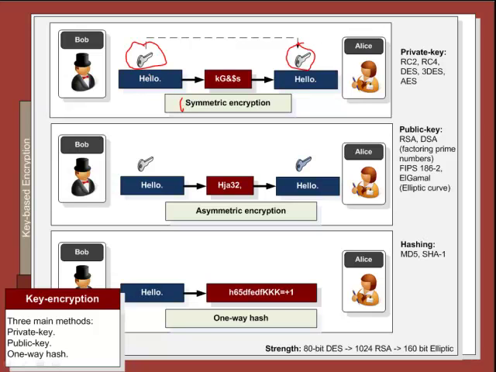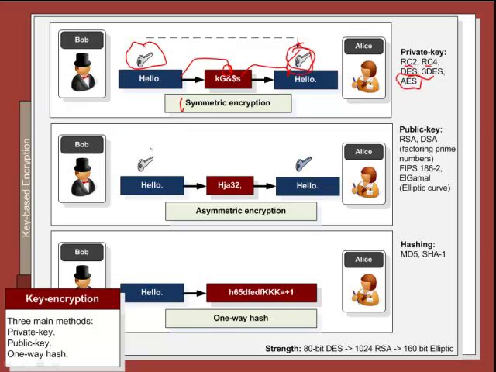So with symmetric encryption we encrypt from plain text onto our ciphertext, and then we decrypt with the same shared key. Algorithms include RC2, RC4, DES, and an extension to this is 3DES, and the new standard which is used in many systems is AES.